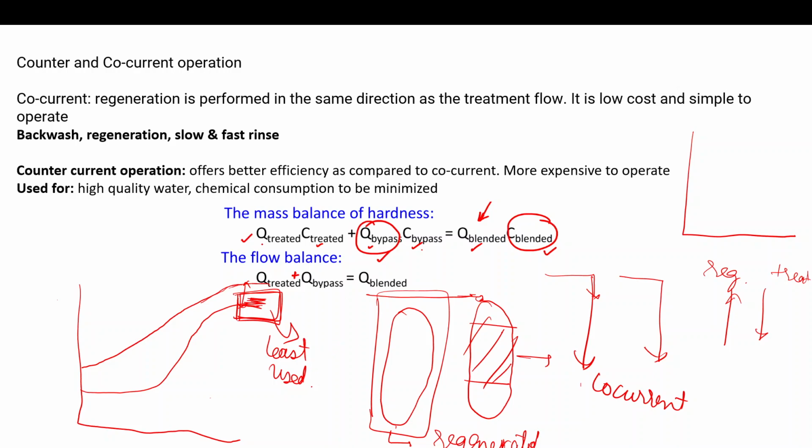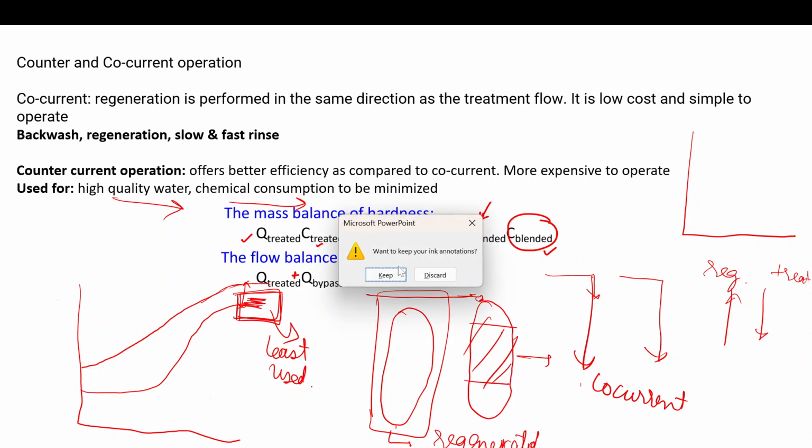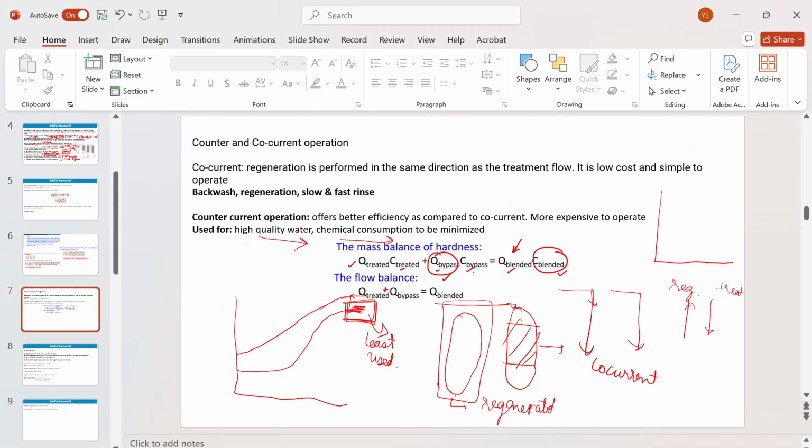Since the driving force is maintained throughout, the efficiency improves, and in that case you will have higher quality of water. Chemical consumption is also minimized. Now if you want to put a balance, yeah, so is it clear so far before I move forward?